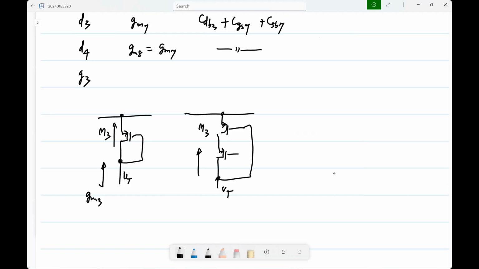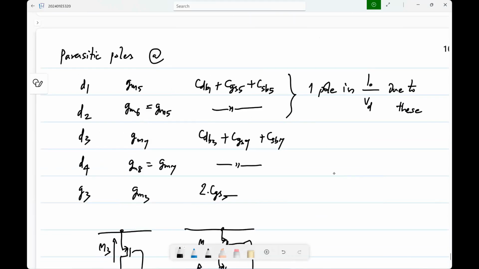It is still GM3 times that, right? So the conductance here is still GM3. Only thing is the capacitance will be 2 times CGS3 because you have CGS3 plus CGS4, plus CDB5 plus CDB7. This is likely to be the lowest frequency pole because it has many transistors connected.